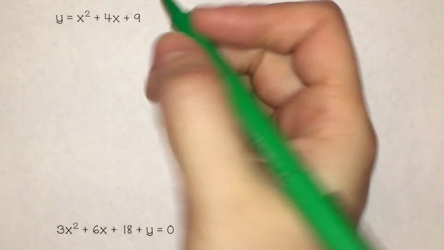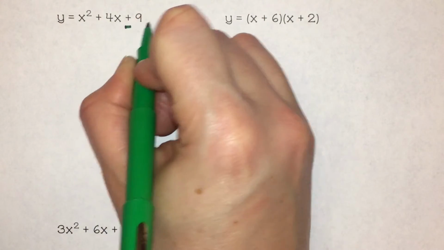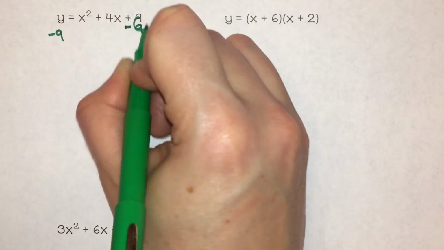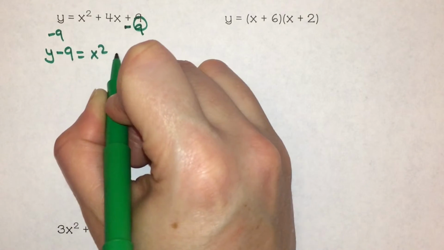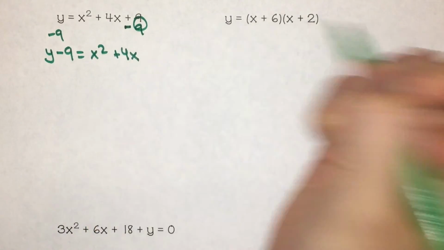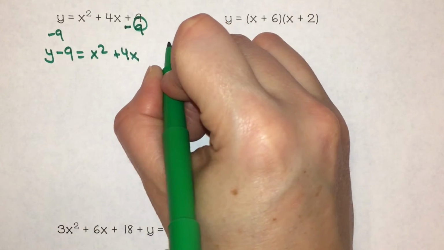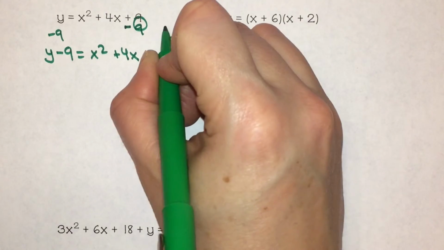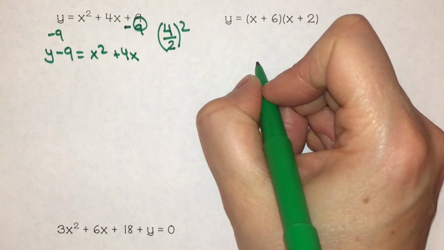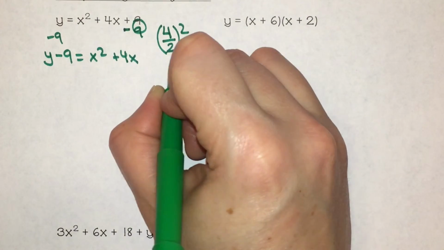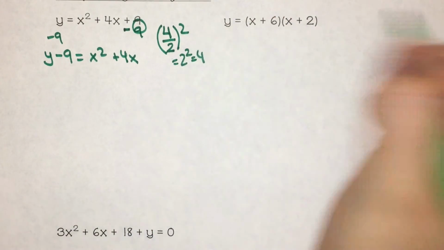All right, so for this first one, we're going to subtract 9 from both sides, and we get y minus 9 is equal to x squared plus 4x. So to figure out what we add to both sides, you're going to do 4 divided by 2 and then square it. So 4 divided by 2 is 2, and 2 squared equals 4.